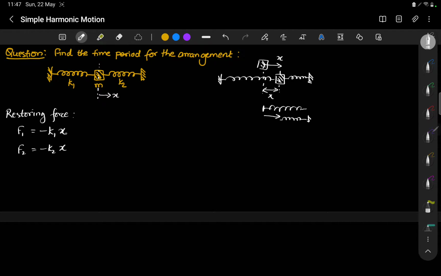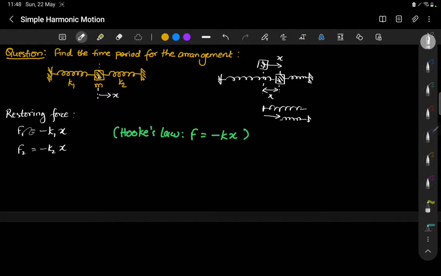So the first spring is getting extended by x, the second spring is getting compressed by x. So the change in lengths is going to be the same in both the springs. This comes from Hooke's law, that the restoring force is negative of the spring constant times the displacement.